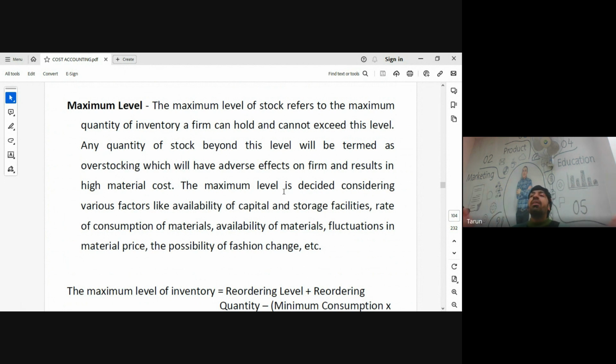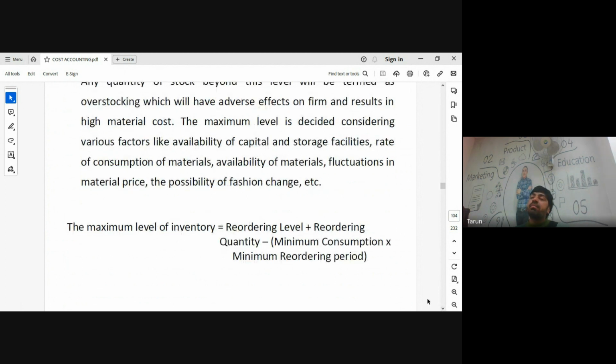So these are the particular factors required to follow up, and accordingly the management's maximum level will be decided. But after understanding the concept of the maximum level, it is also equally important to view the mathematical formula of the maximum level, that is how to calculate the maximum level.